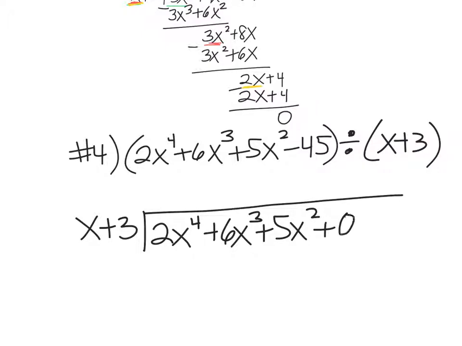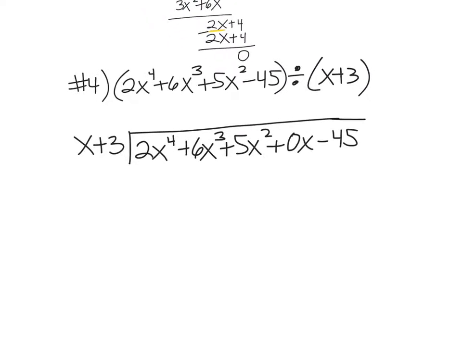We're going to fill that in with a plus 0x. And you're like, isn't that just 0? Yes, I didn't change this at all. That's going to be like a placeholder, because I'm going to get something that has an x in it, and I'm going to have nothing to subtract it from. I've got to have an x up there, even if it's just a 0x. So do that every time you have any gaps in your polynomials, okay?